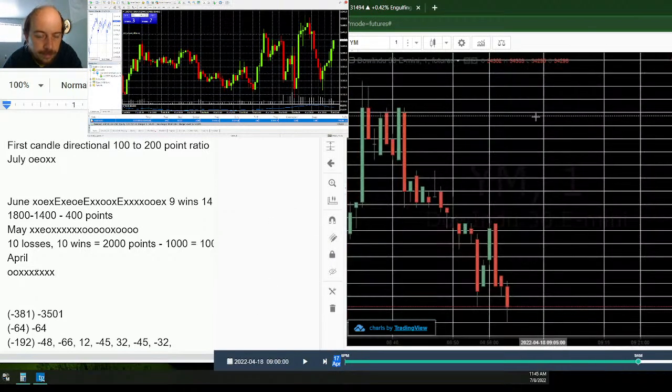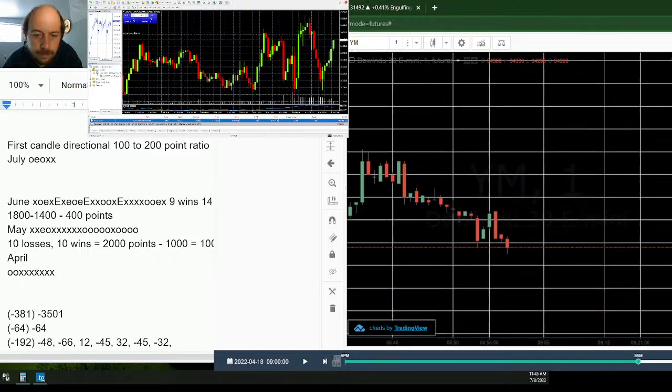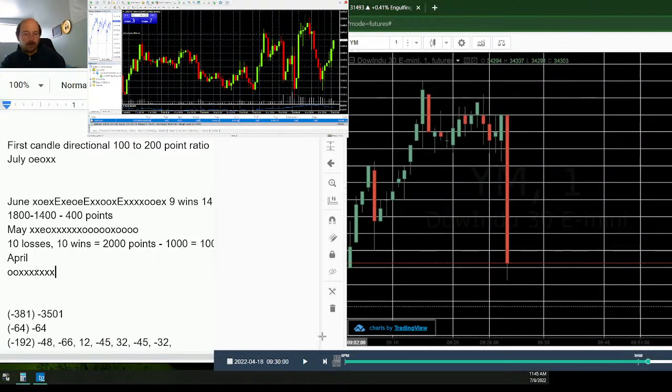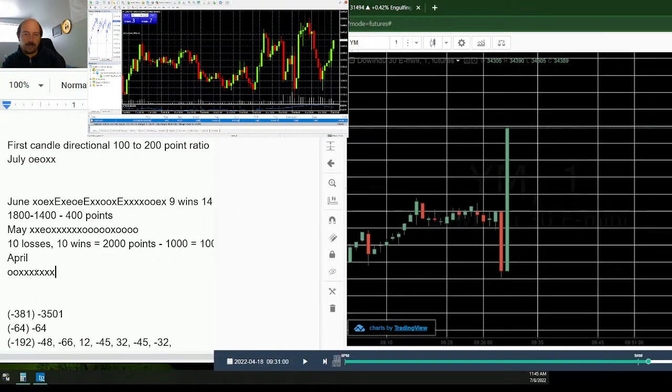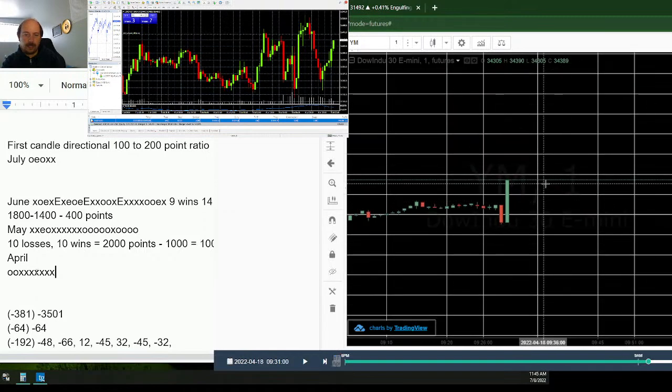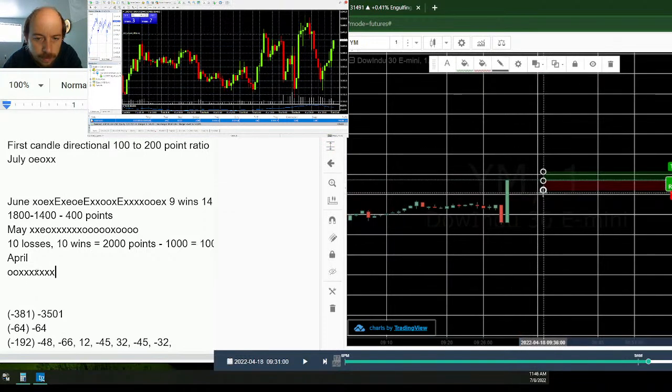Whoa, big candle. Big green candle. Took the whole screen up.